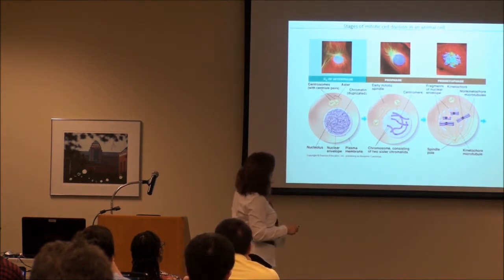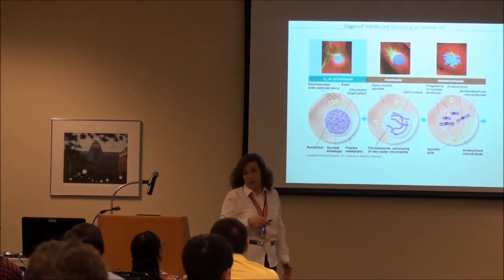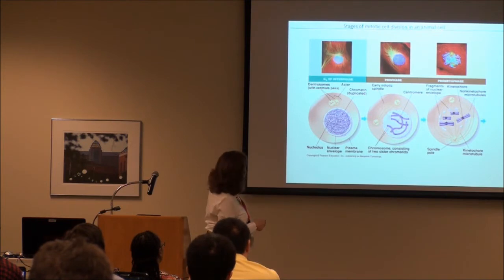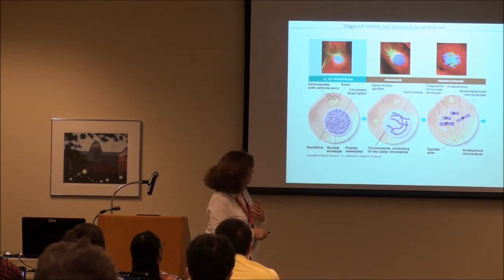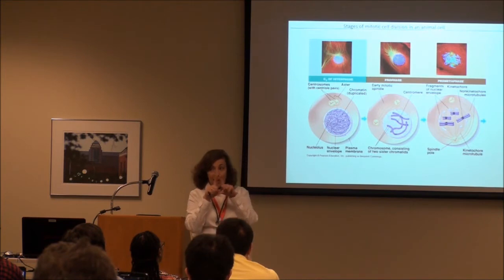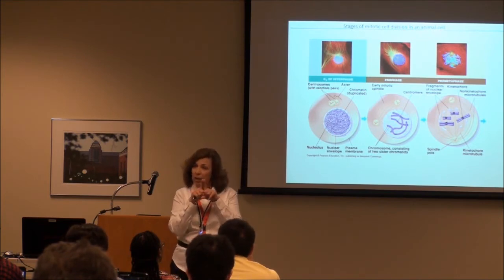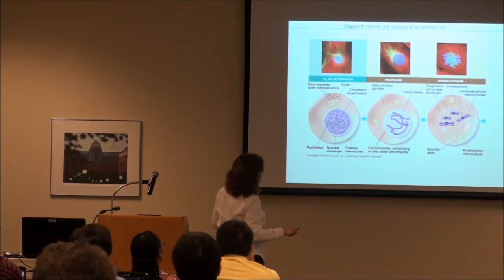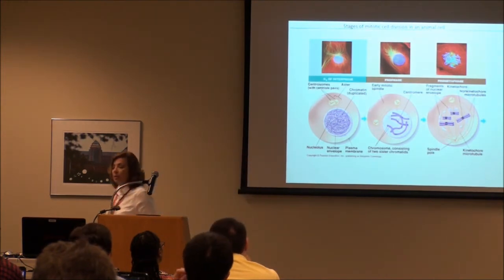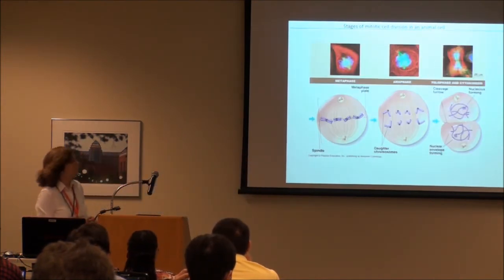In the next, and if you had biology in high school, maybe you remember that this is the prophase and this is the pro-metaphase. You see that these chromosomes are already duplicated. So each of these chromosomes actually contains two identical DNA molecules that still stick together. They are attaching to the mitotic spindle and waiting to be divided.